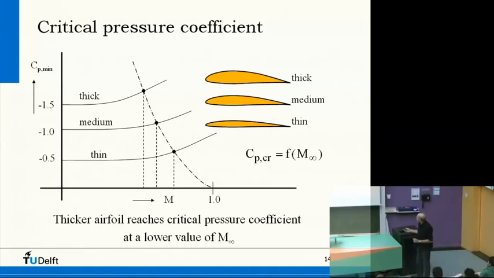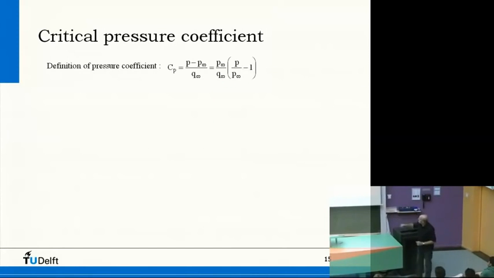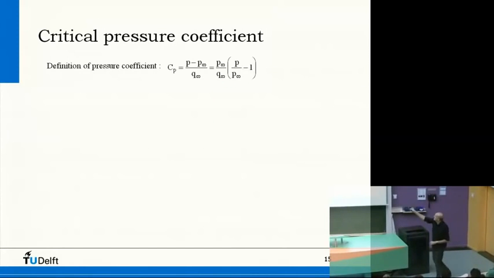So let's derive it. The definition of the pressure coefficient, Cp, is P minus P infinity divided by Q infinity. If we take P infinity divided by Q infinity out of the brackets, then we end up with P divided by P infinity minus 1 in between the brackets. Right? It's the same Cp. Nothing happened yet.